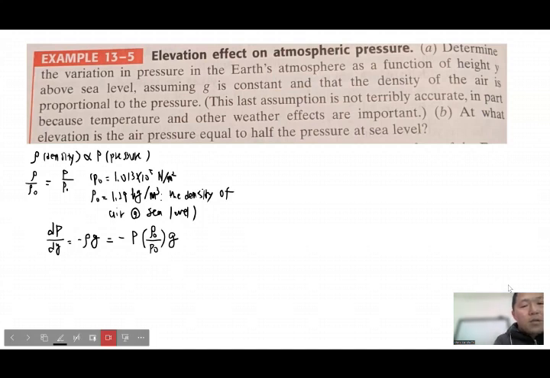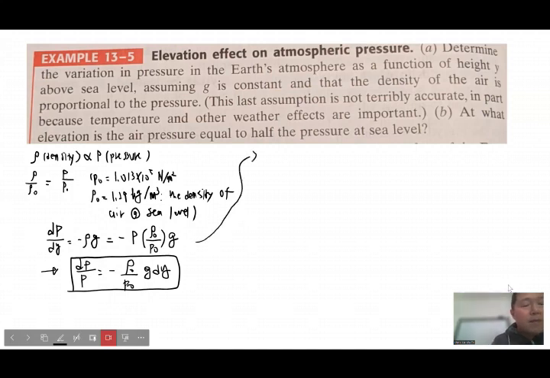If you swap the P and y from both sides of this equation, that should be dP over P equals minus rho naught over P naught g dy. As you can see, this equation is basically an integral of the pressure and the height from sea level all the way to the given height of this problem.